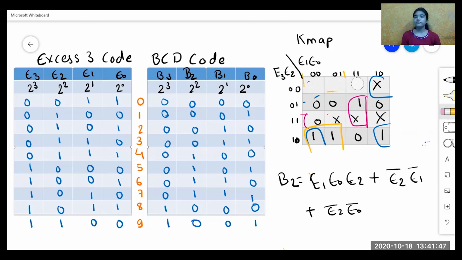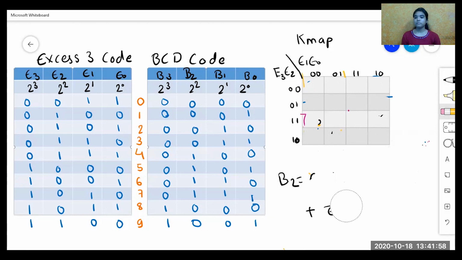Now moving forward with the K-map of B1. Okay, so for this K-map, we can see that the XS3 code for 2, 3, 6 and 7 are ones. So in the corresponding cells, we put 1.